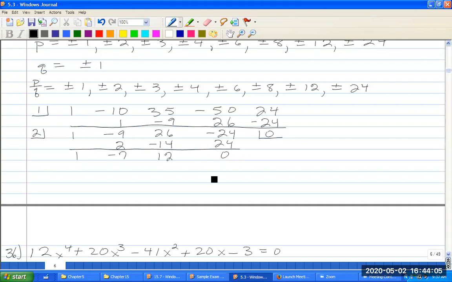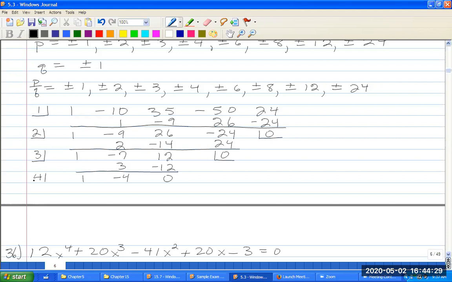And I can see which other ones work, because this is a quadratic. X squared minus 7x plus 12 is 0. So 3 and 4 work. So 3, 1, minus 7 is minus 4, times 3 is minus 12, gives you 0.